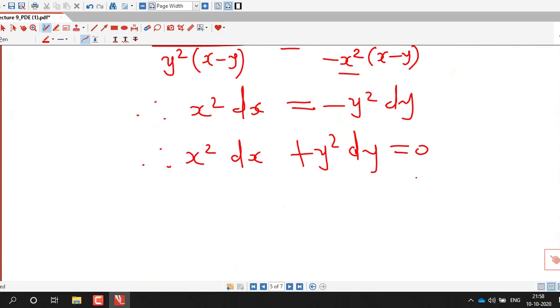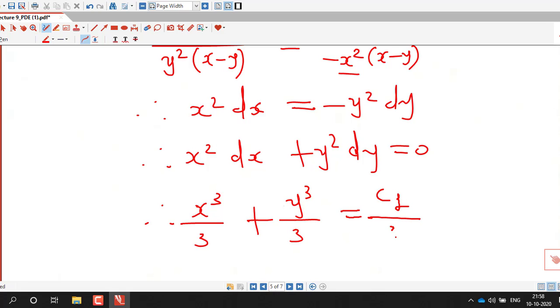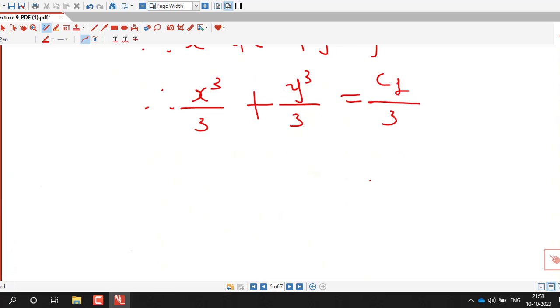So this is separable. Integrating, we obtain x cube by 3 plus y cube by 3 equal to, say, c1 by 3. Therefore x cube plus y cube equal to c1.